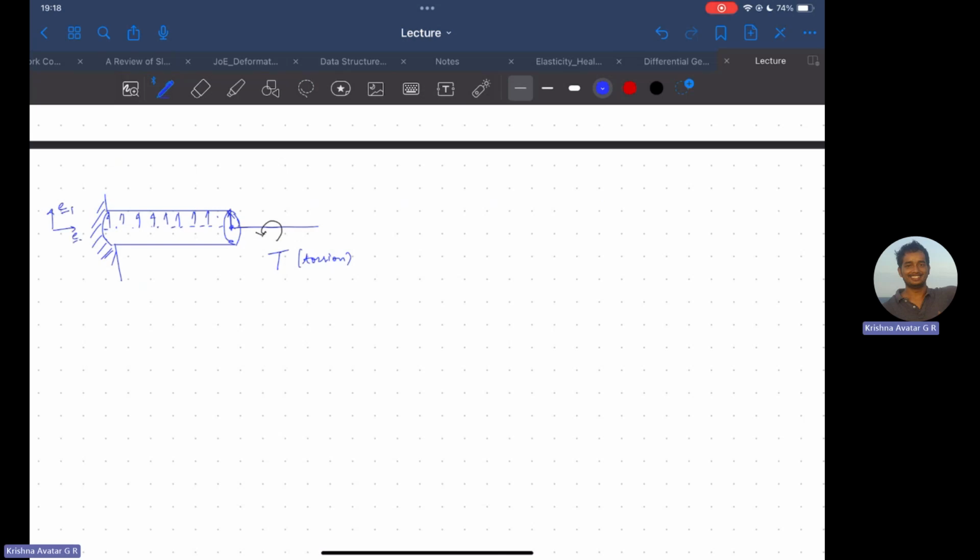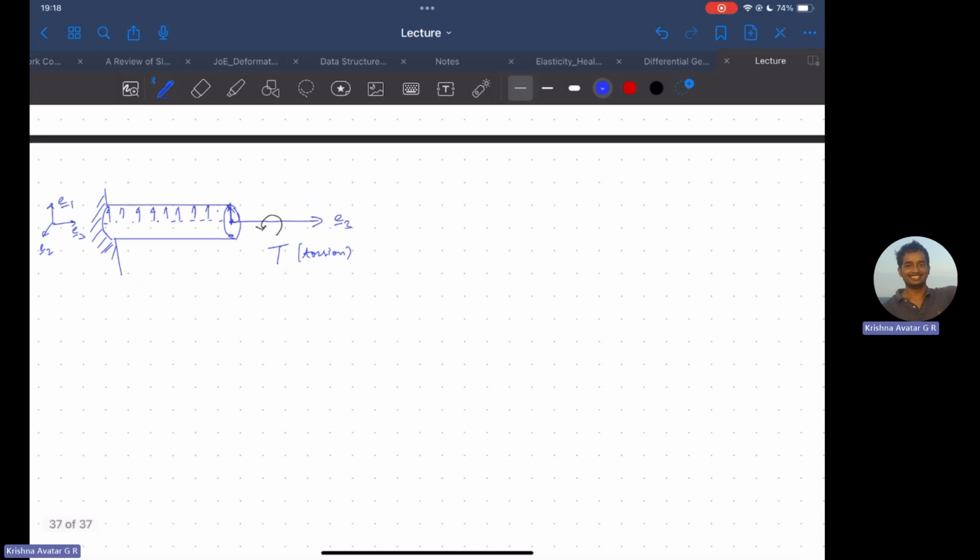Let E3 be the axis and E2 be the other vector spanning the cross section. So along E3 is our axis. The vector along E1 is constant before we apply torsion. However, after this, the structure twists.